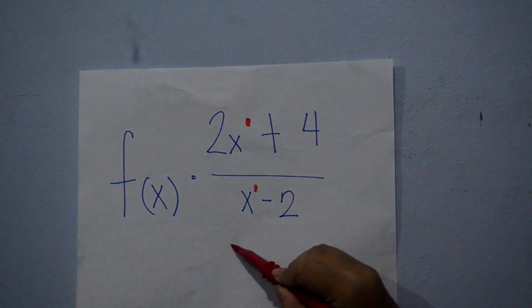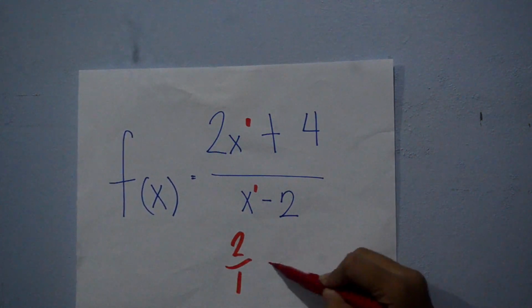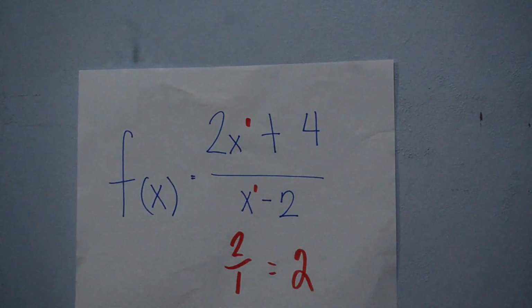It may be x, but there's still a 1 beside it. So 2 over 1 is 2. That's why 2 over 1 will arrive at an answer of 2. So our horizontal asymptote is 2, or y equals 2.